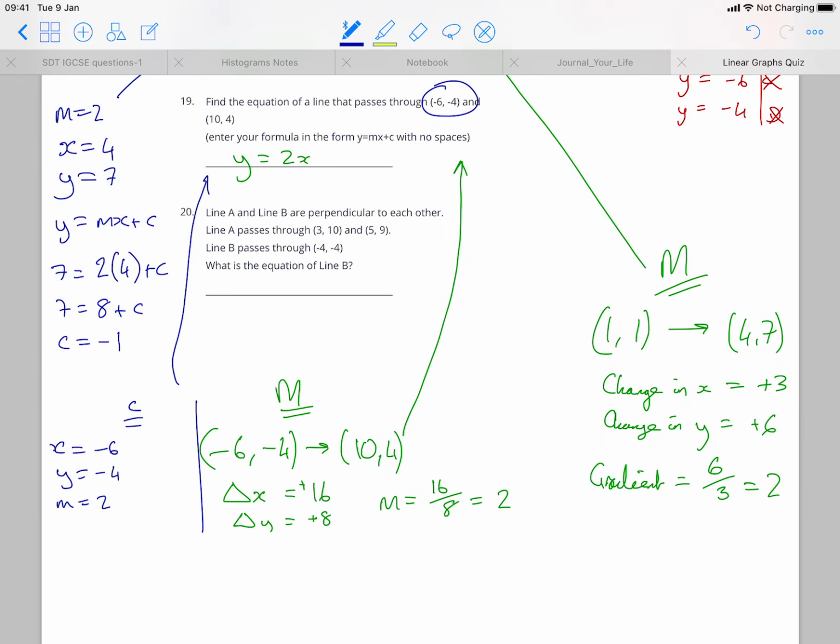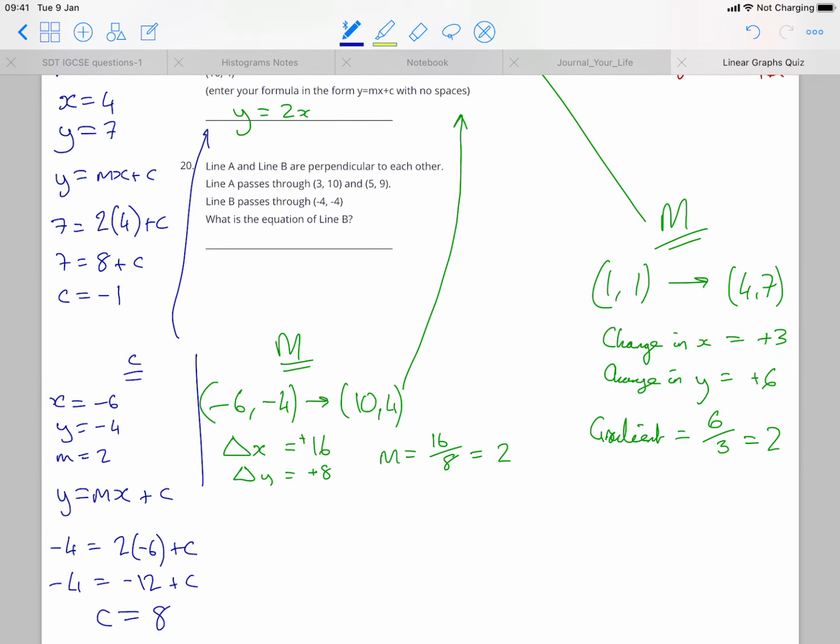So y equals mx plus c as always. y is -4, x is -6, gradient is 2. So -4 is equal to -12 plus something. So the something is 8. So it's plus 8.